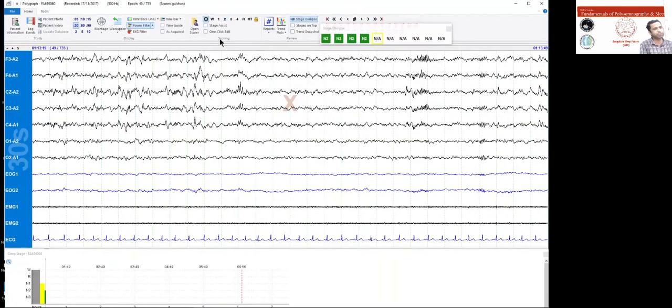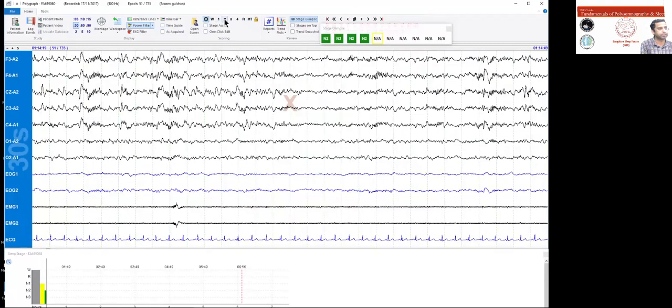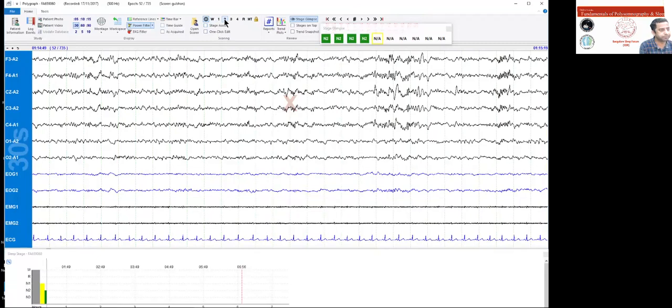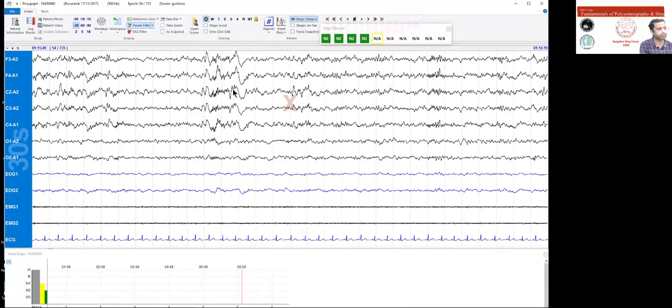This is mostly N2. K complex is there, spindle is there, so accordingly we mark it. See the hypnogram. You are getting a good hypnogram without many techniques. Here again it is N2, as good K complexes and spindles are there.